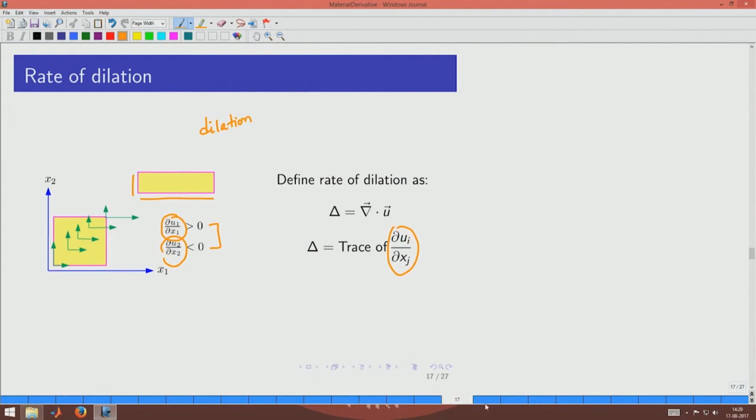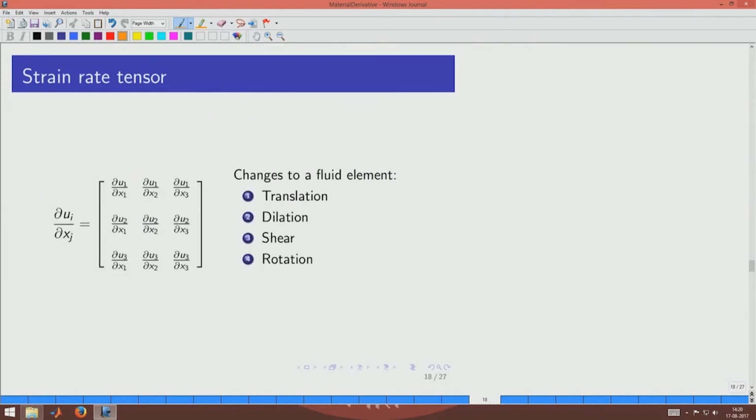And we could then see that this is nothing but what is called the strain rate tensor. The reason why it is called strain rate tensor is because ui is already this, and we are now talking about this.